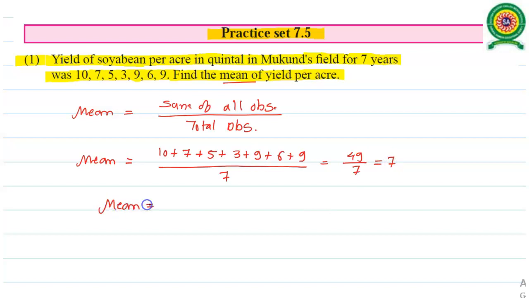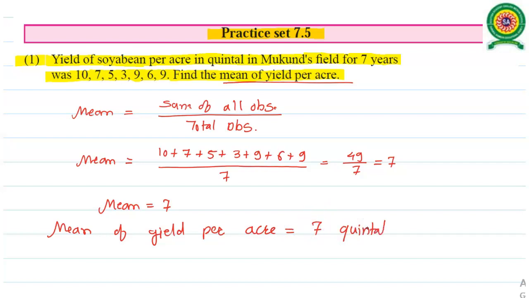So the mean value is 7. How to write the final answer? The mean of yield per acre is equal to 7 quintal, because the given observations are in the unit quintal.